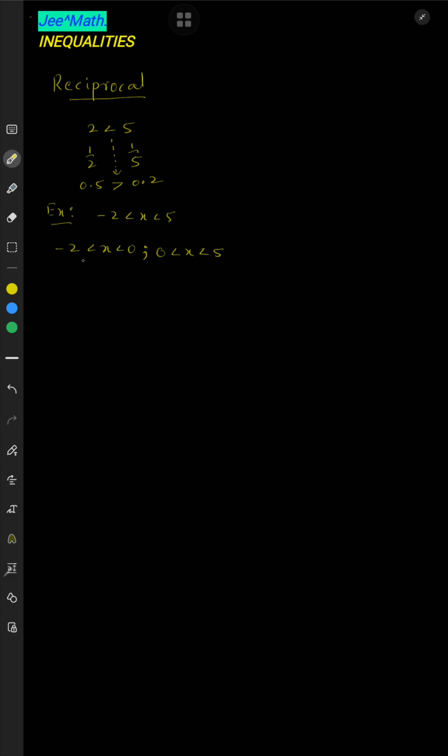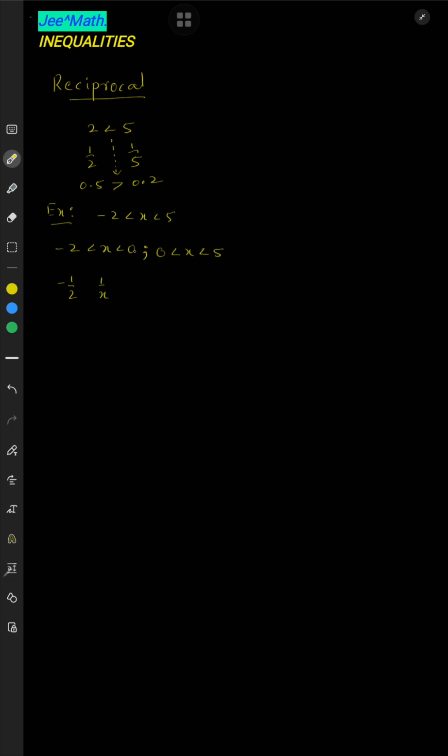Now you see here, all are negative numbers, x is less than 0. When you have all negative numbers, on taking the reciprocal the inequalities will change. The reciprocal of -2 is -1 by 2, and the reciprocal of x is 1 by x.